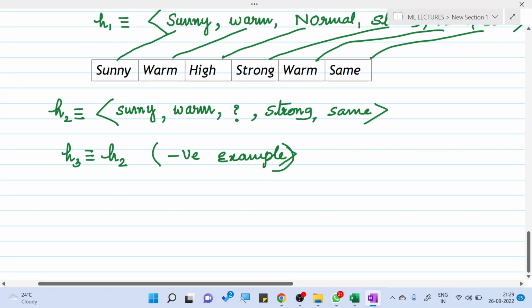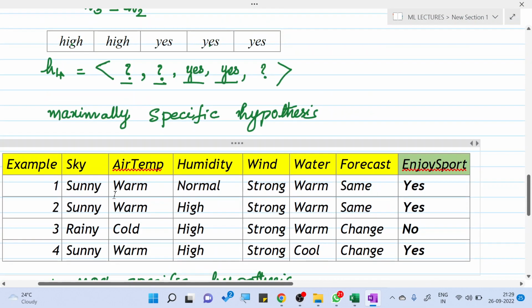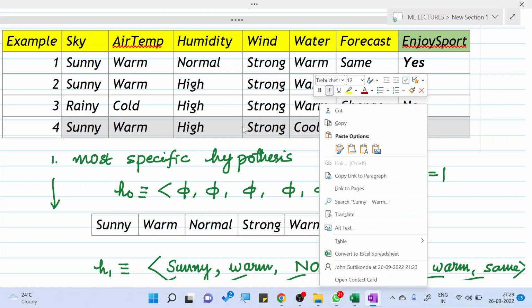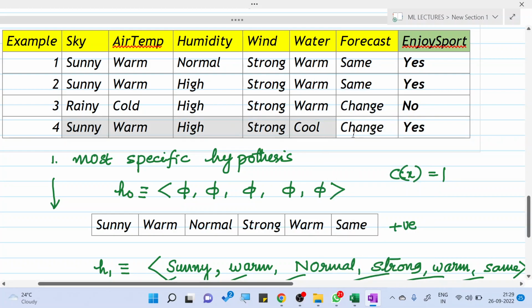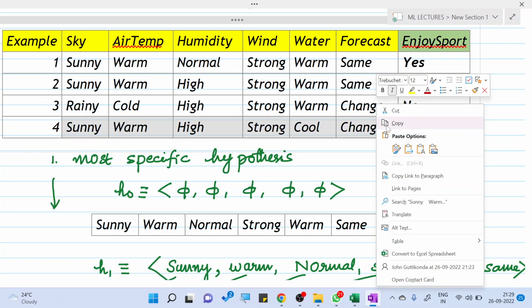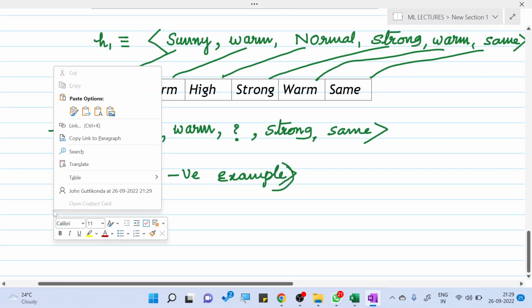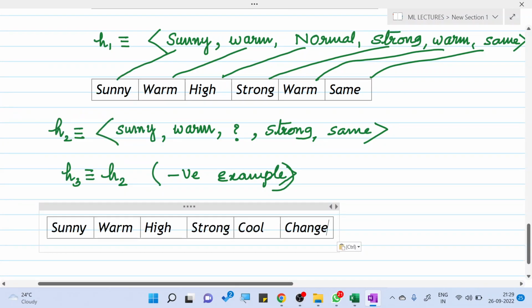What about H4? To write H4, let us consider the fourth training example, which is positive. Remember, we will consider only positive examples in Find-S algorithm.